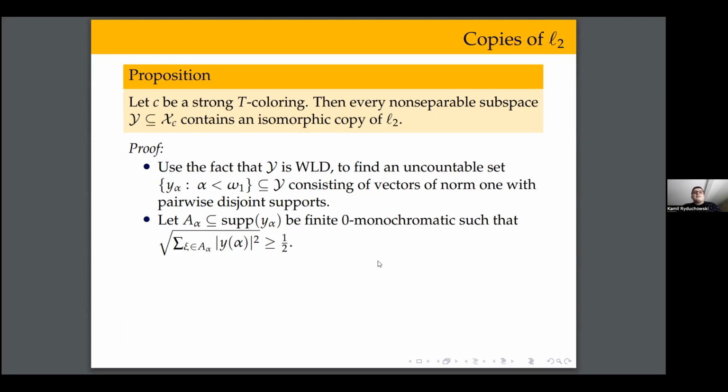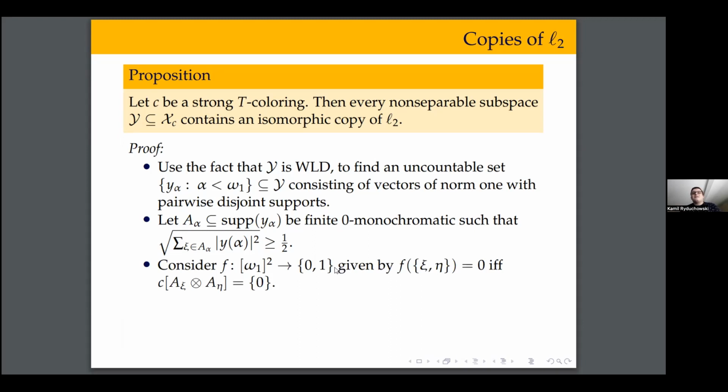And then one may consider another coloring, namely coloring F, which on the pair psi, eta is 0 if and only if C was 0 on all the edges connecting A psi and A eta.